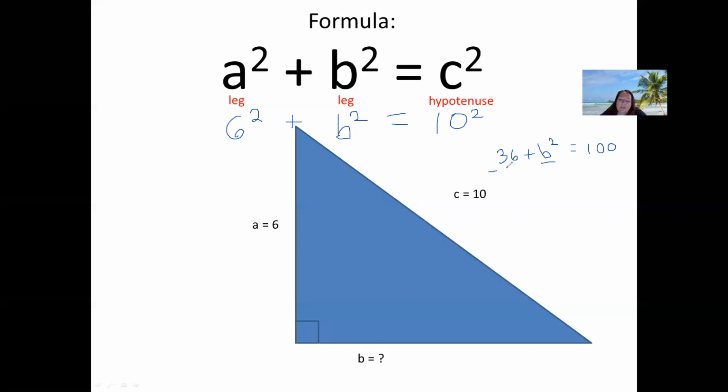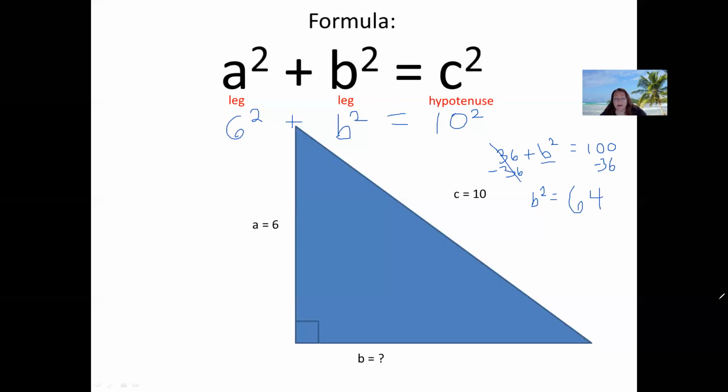So I'm going to minus 36, I'm going to minus 36. And then that's gone. And so I'm left with B squared equals 100 minus 36. If you don't know, you can ask Alexa, check on your calculator, or just do the math. But it's going to be 64.